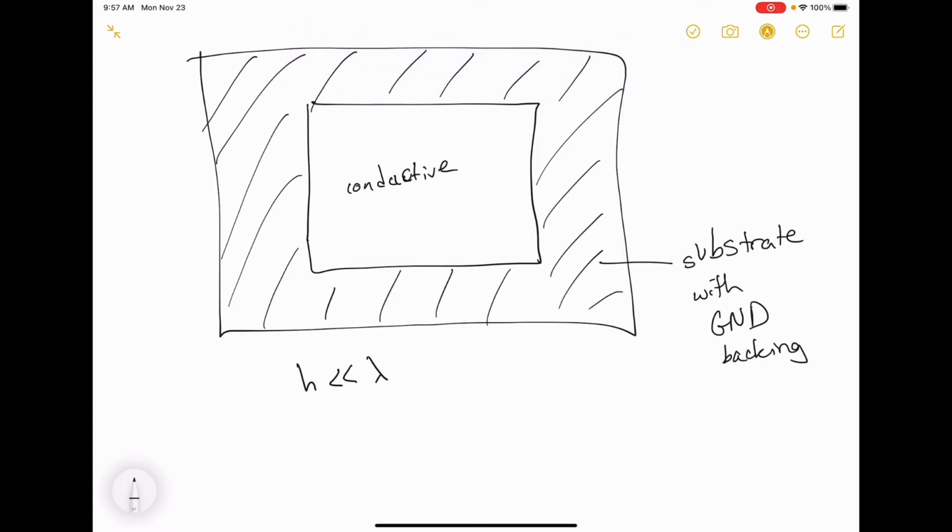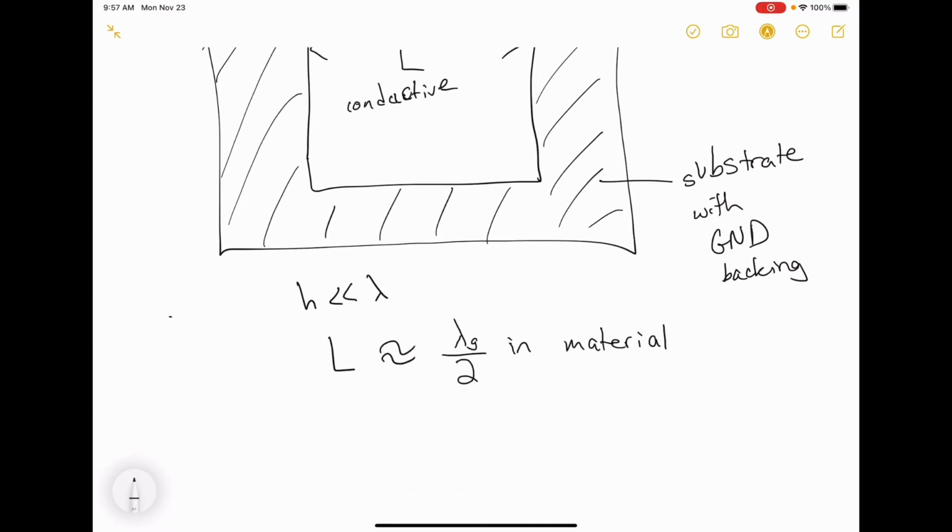And the length of the antenna is going to be approximately half a wavelength in the material. And we usually use lambda G for that, where G stands for guided.